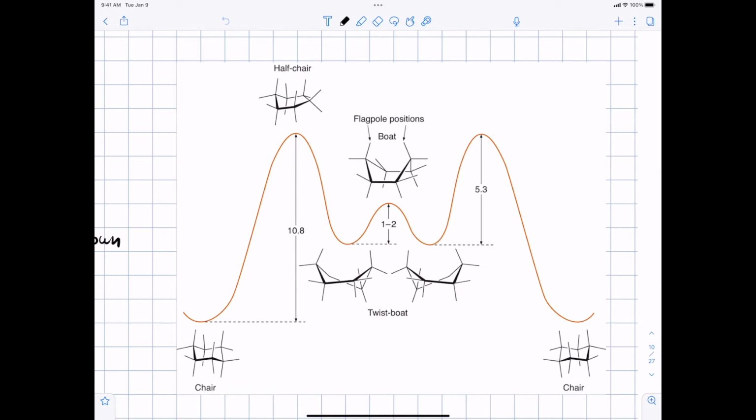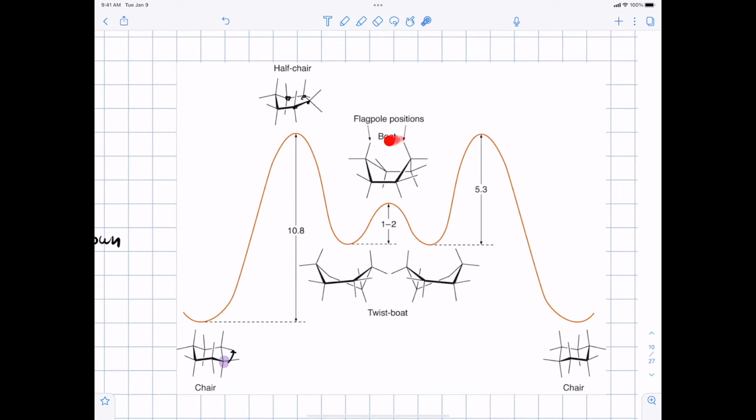Okay, so you have a chair. If you take this carbon here and pull it upward, you go through a transition state called a half chair. It's kind of like the cyclopentane half chair in the sense that these atoms are now all in the same plane. And then you can drop down into the twist boat.